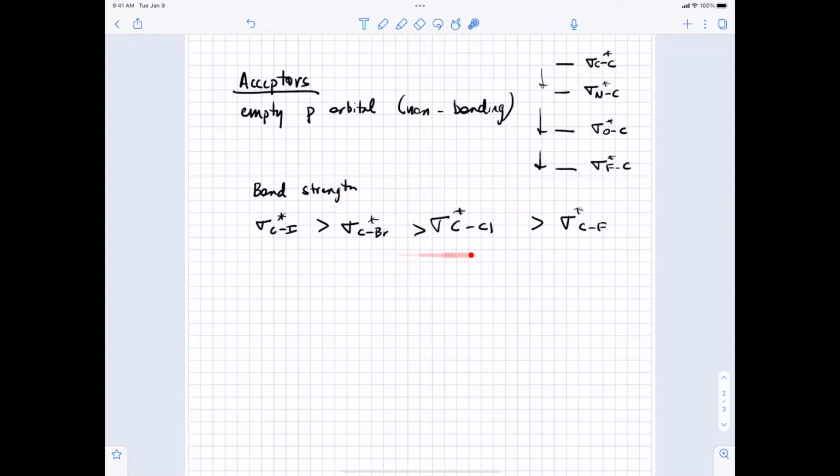And this really does track with bond strength. If you go look at a bond strength table, carbon iodide bonds are weaker than carbon fluorine bonds. One of the reasons they're weaker is because iodide is much bigger than carbon, so the carbon iodide bond is longer, and longer bonds are weaker.